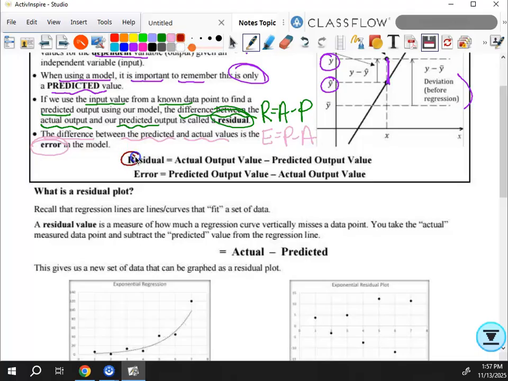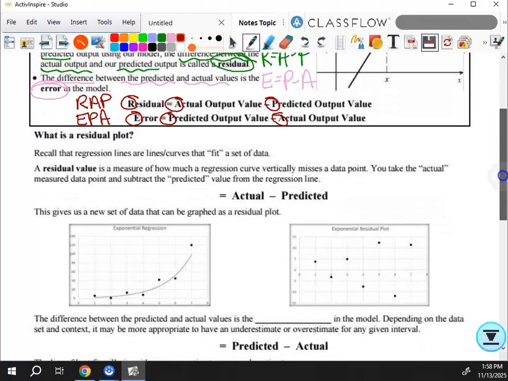So residual, actual minus predicted, that's RAP. Error, predicted minus actual, that is EPA. Everybody good with that? RAP and EPA, keep those straight in your head, then it's really not that big of a deal. It's very easy to do, but it's also very easy to overthink and then do something backwards.